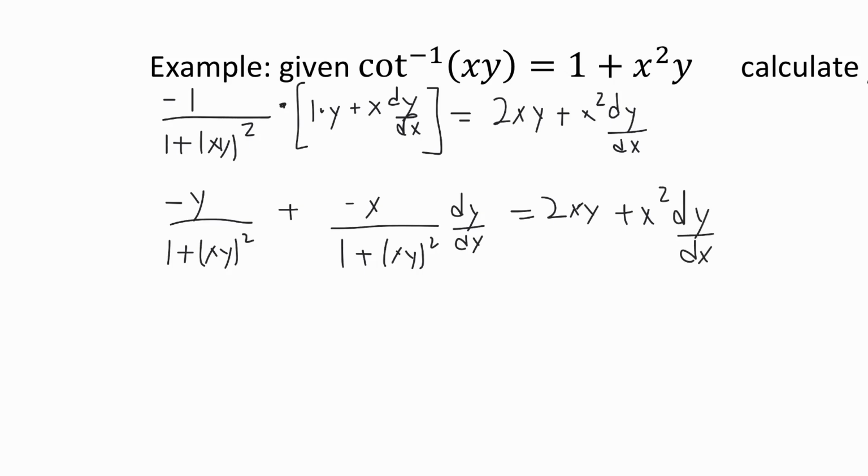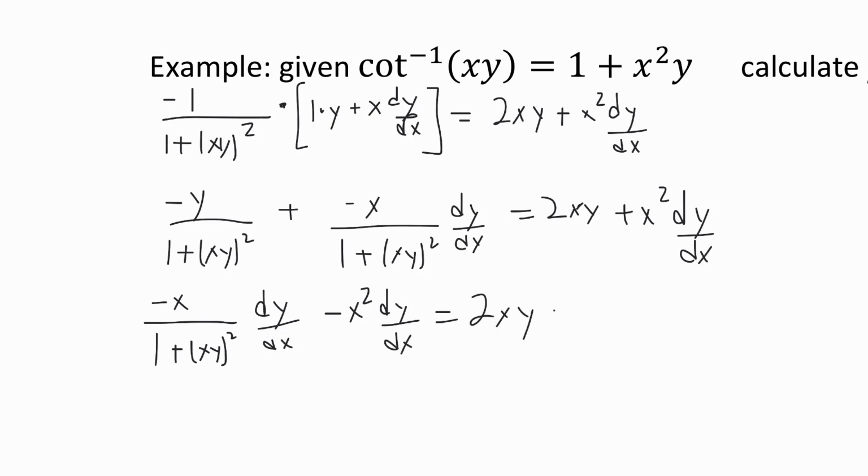Now we move the dy dx's to one side: negative x over 1 plus xy squared dy dx, subtract x squared dy dx, is equal to 2xy plus y over 1 plus xy squared.